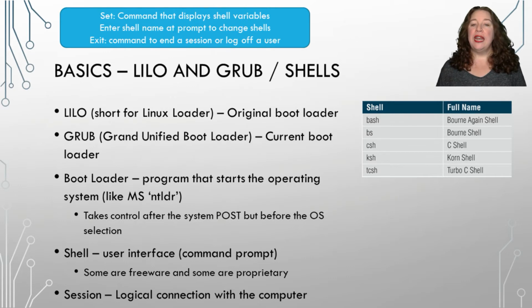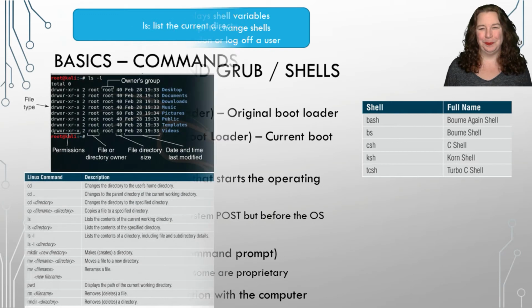A session is simply the logical connection with the computer. You log in, you give it a password, you're authorized, you're good, you can move on. When you're done, enter exit, and you can close down the shell, close the session. Basic: LILO, and GRUB, the Grand Unified Bootloader.